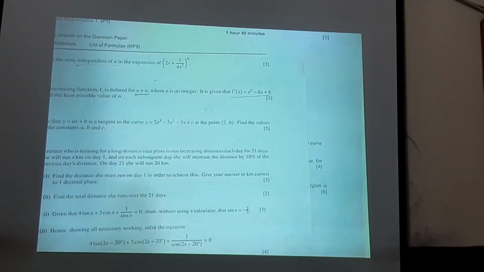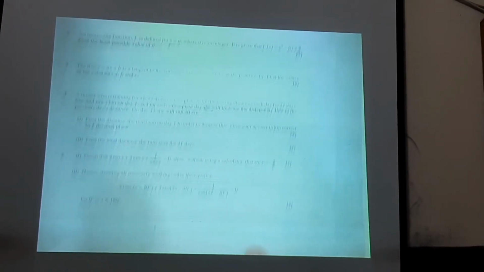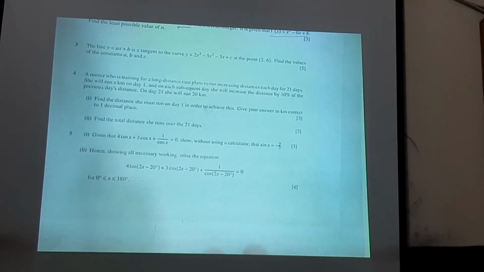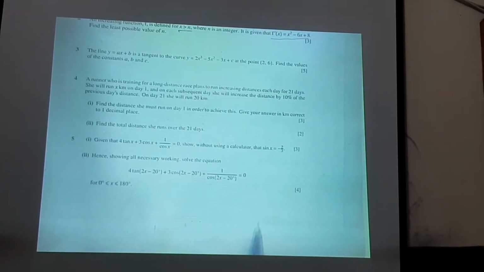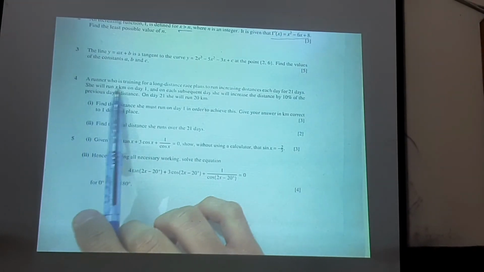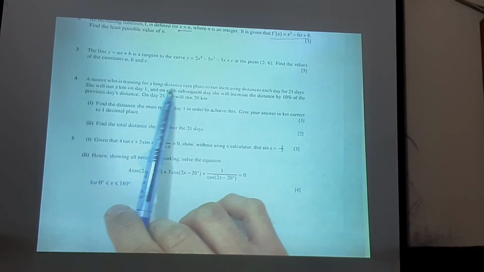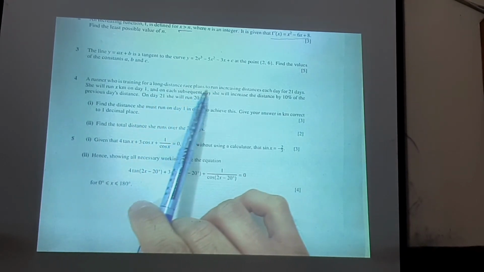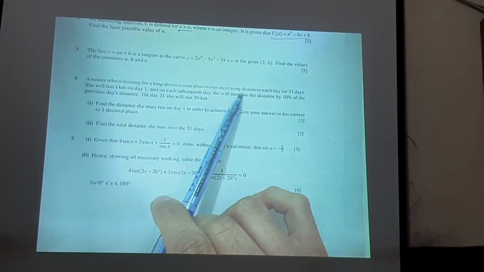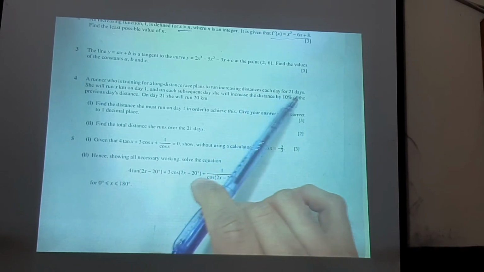The next is question number 4, and this question is related to geometric progression. A runner who is training for a long distance race plans to run increasing distances each day for 21 days.